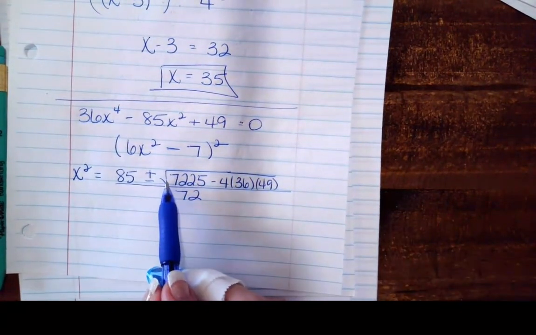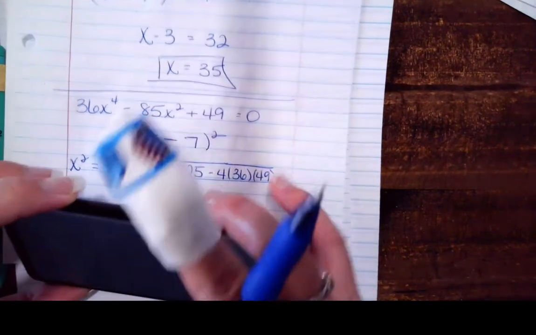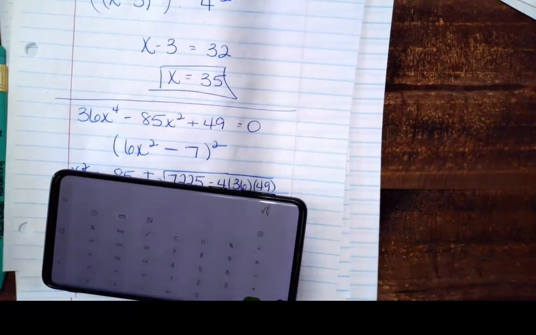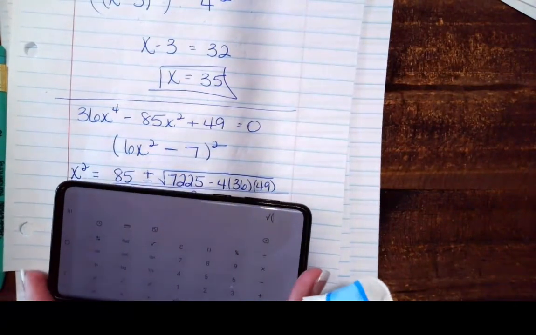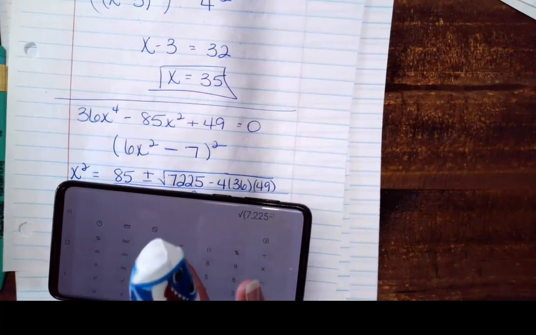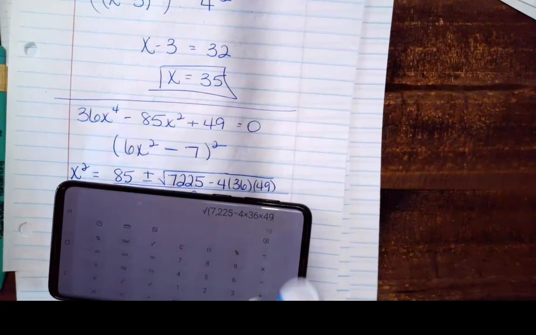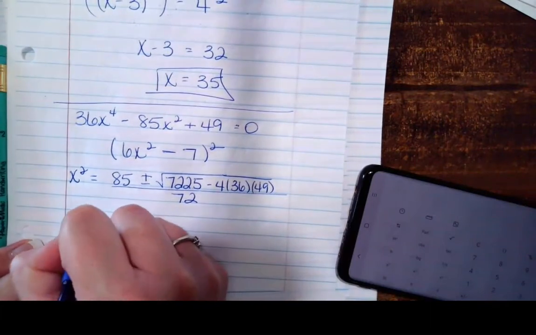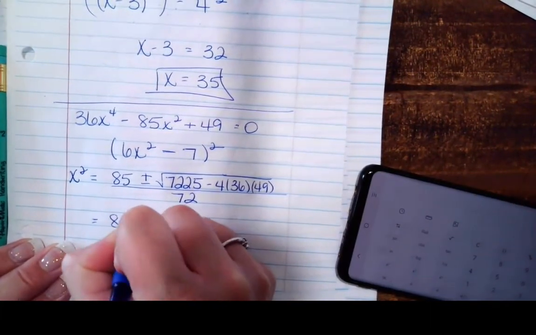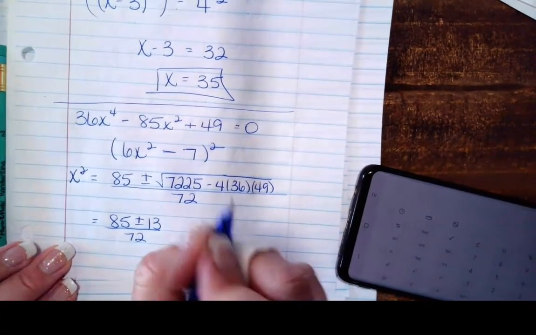In my calculator, I'm going to do the square root of 7,225 minus 4 times 36 times 49, and that gives me 13. So this entire square root just turned into a 13, and that's going to be over 72.